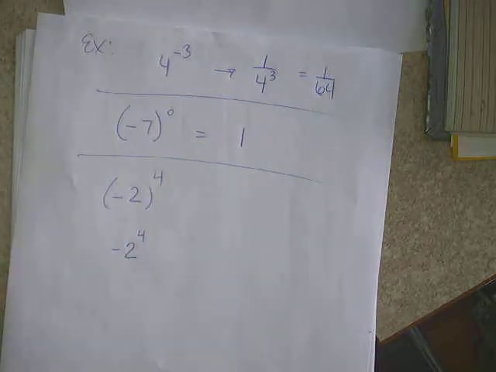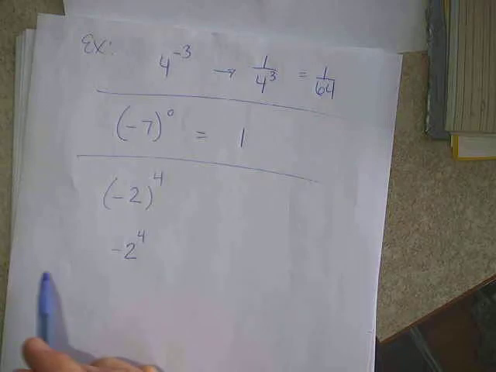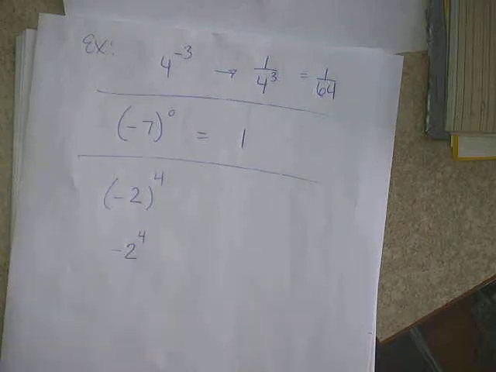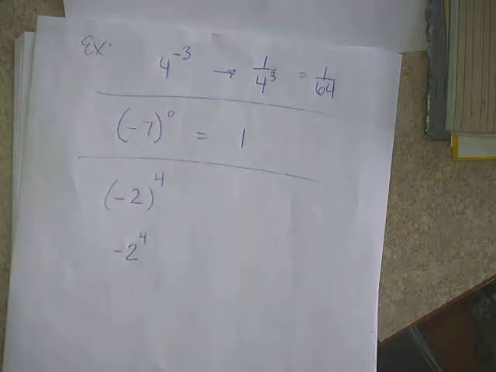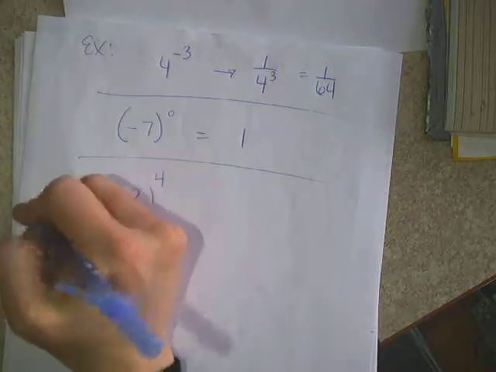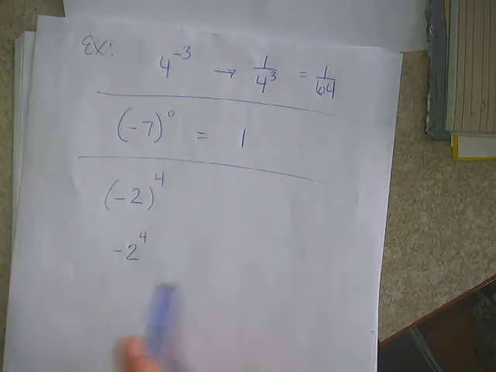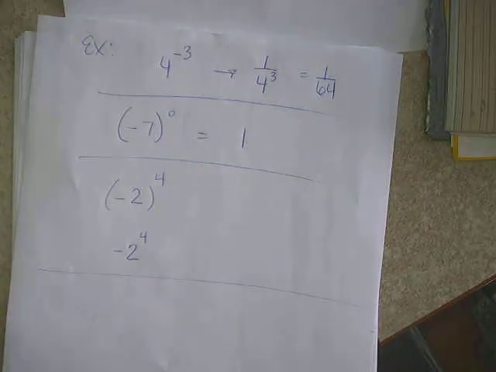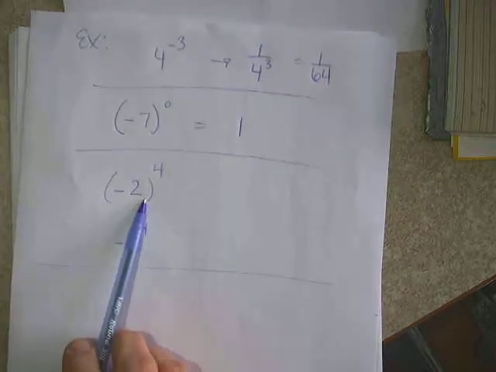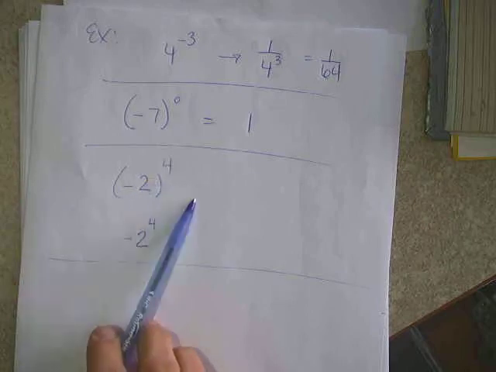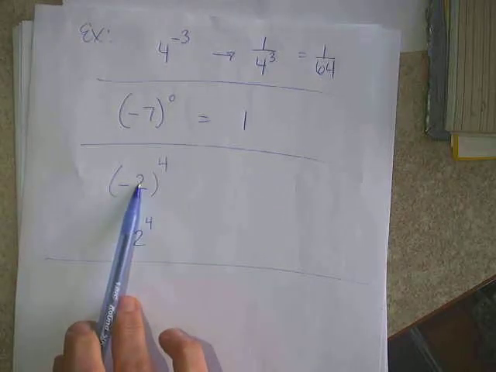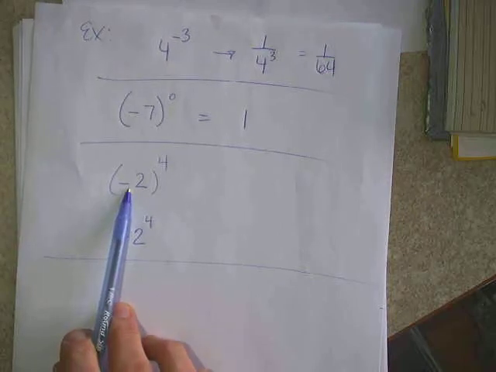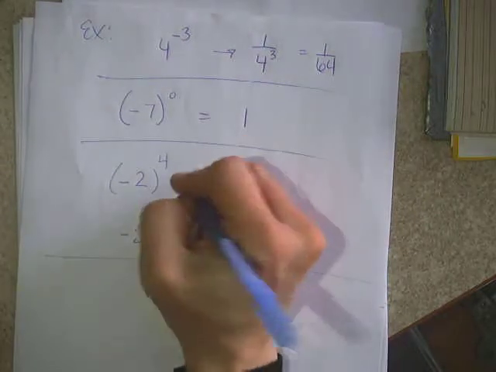Okay, so we're going to do (-2) to the 4th and -2 to the 4th, because this isn't really our exponent rules, but we need to talk about this before we apply the 0 and negative exponents. Okay, so this is just old stuff, but we're going to look at these together.